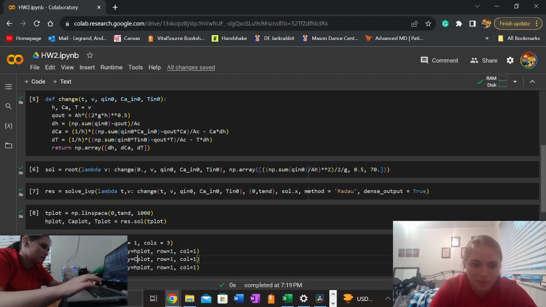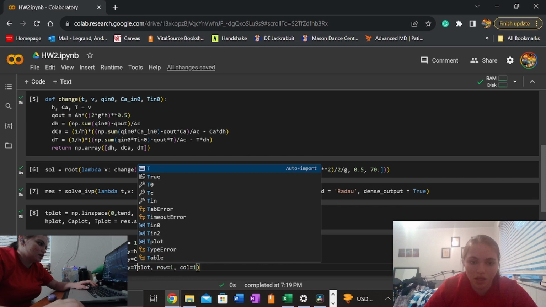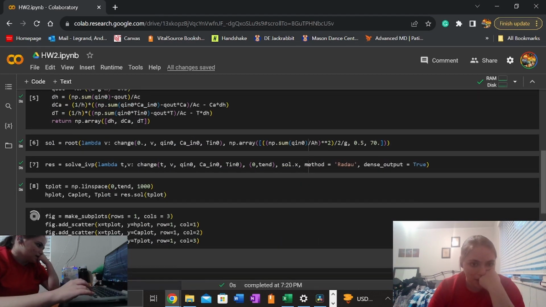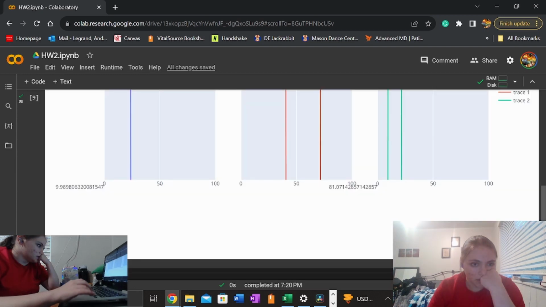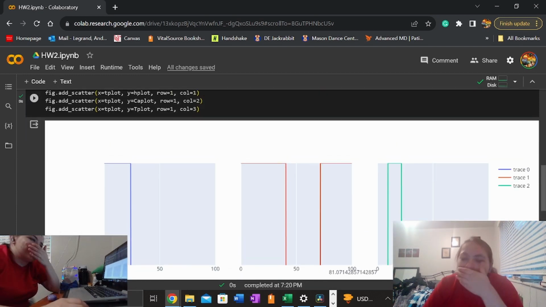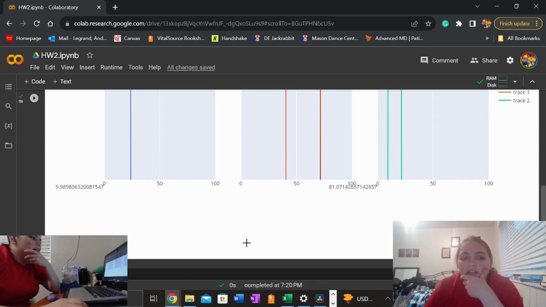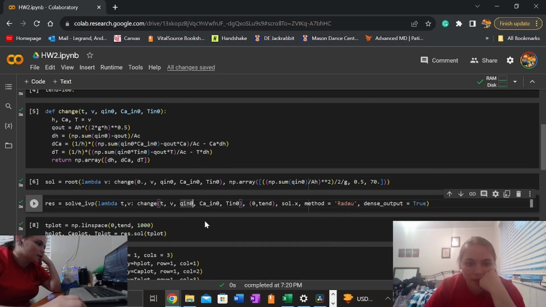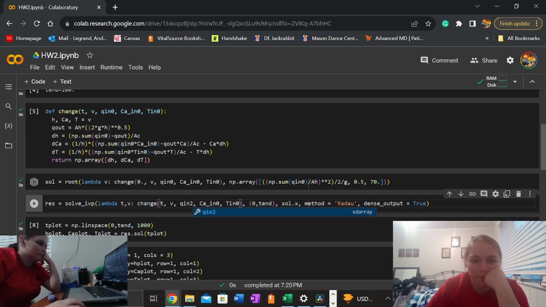So this needs to be CA plot, and our column needs to be number 2. This is our temperature plot, and our column needs to be 3. Shift enter. Ooh, nope. All right, let's see. Where did I go wrong? Oh, oh, oh, 2.